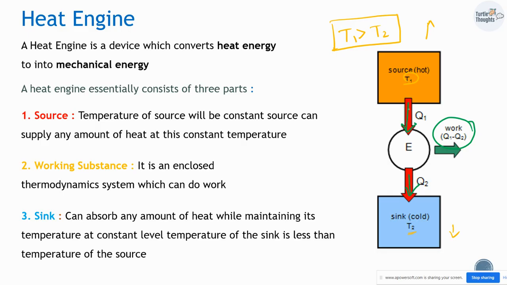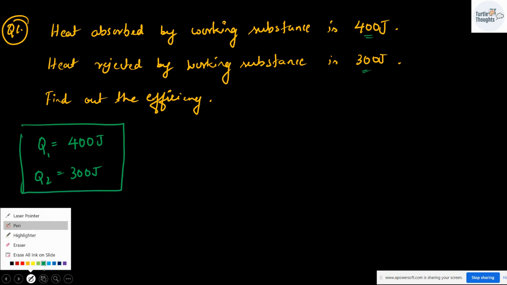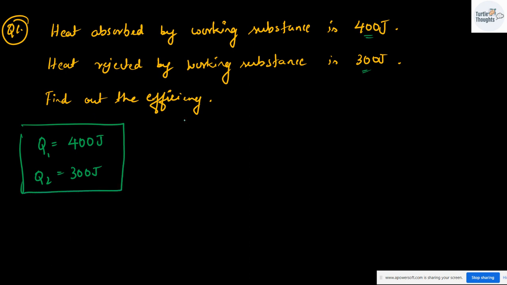So let me go over here. Q1 is going to be the heat absorbed by the working substance. Q2 is going to be the heat rejected by the working substance. So Q1 is equal to 400 joules, and Q2 is equal to 300 joules. What should I be finding out over here? I have to find out the efficiency. I know the formula for efficiency. Efficiency is given by dW divided by Q1, and dW is nothing but Q1 minus Q2, divided by Q1.